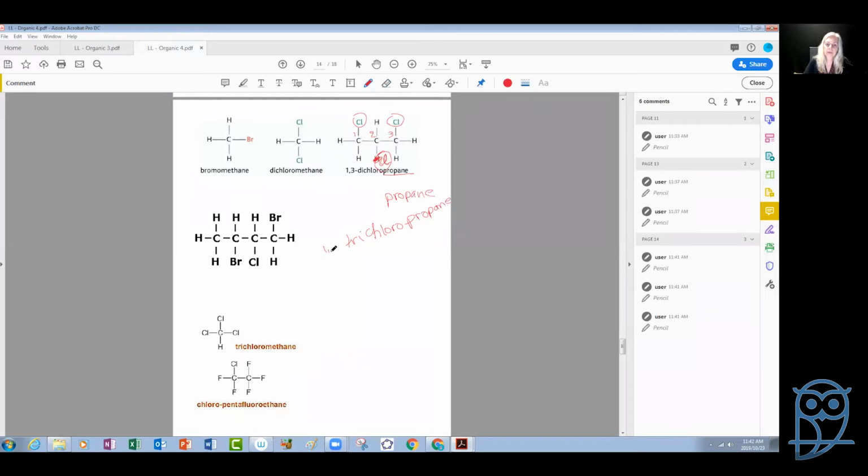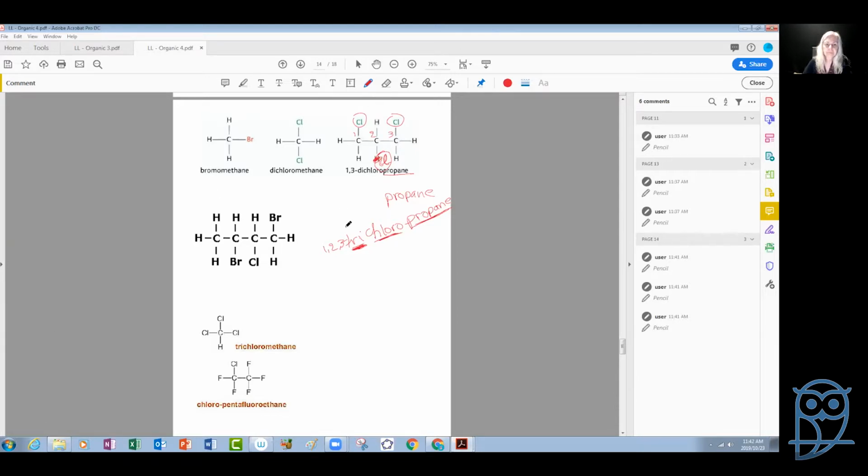And the positions are 1, 2, 3, because at each carbon there is one of these chlorine substituents. So here the tri is placed before the chloro, and the remaining root of the compound.